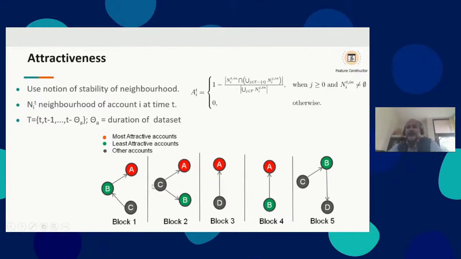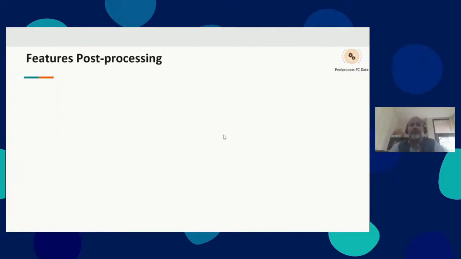So it seems like A has high attractiveness, right? Therefore, A's neighbors are not stable, so it changes its partners. Whereas accounts which don't change their partners that often are the least attractive, and it turns out that malicious accounts are more attractive.